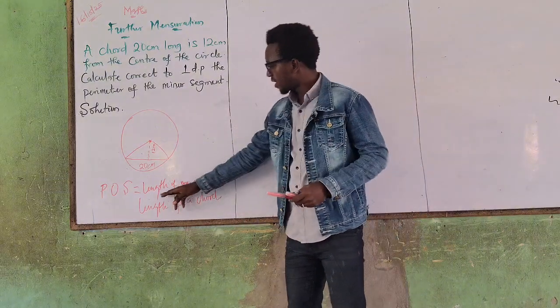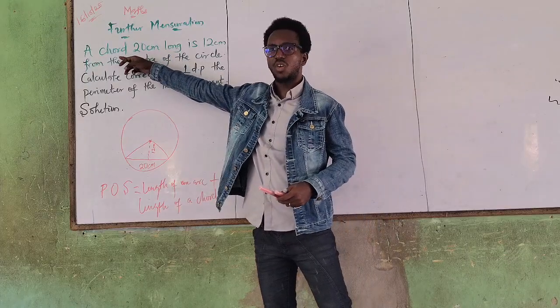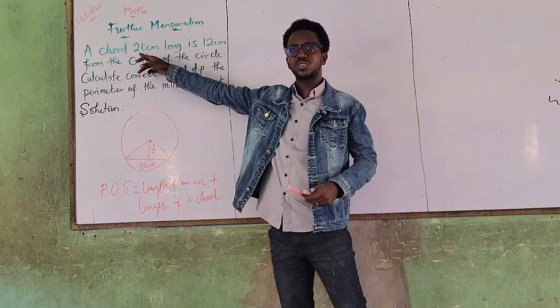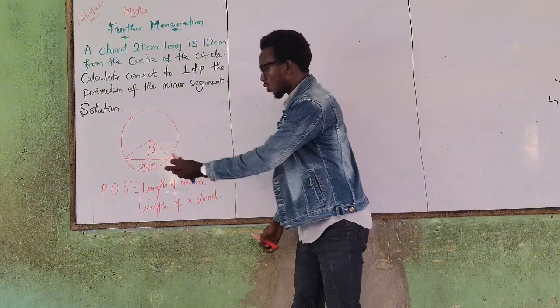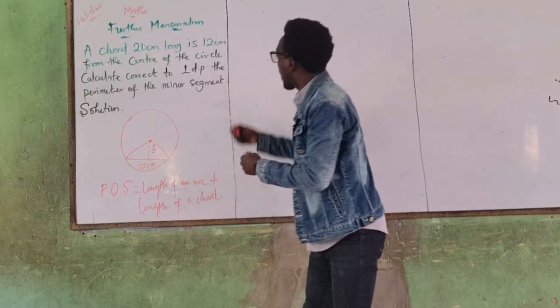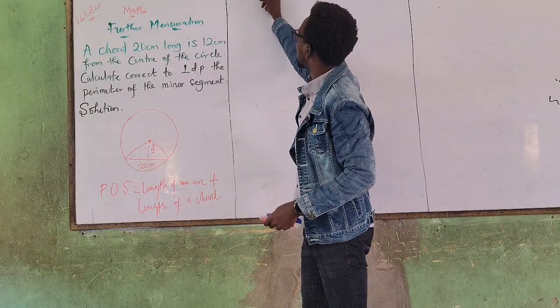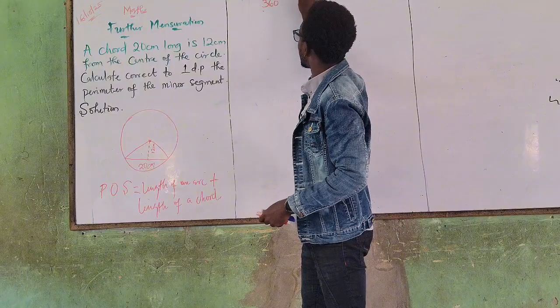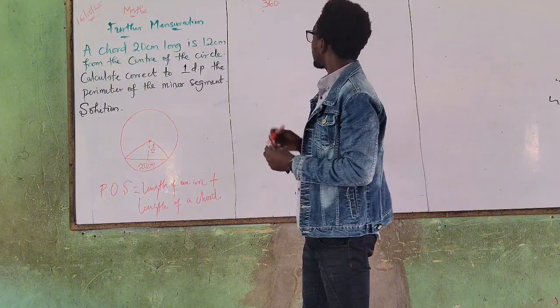So from here, we've been told the length of the chord from this question. It has been given as 20 centimeter. So what we have to deal with is this length of an arc. And the length of an arc is given to be theta over 360 times 2 pi r.